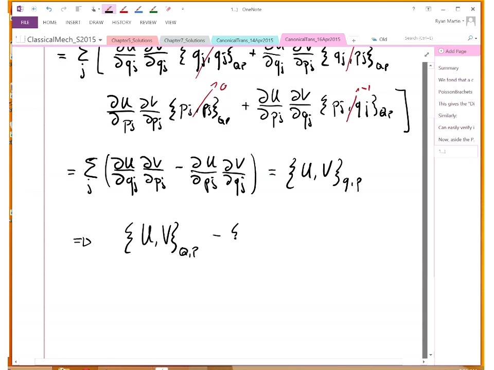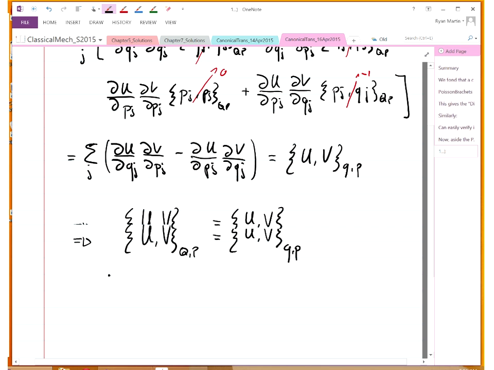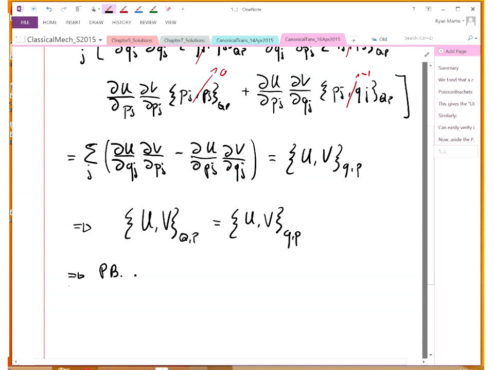And so what we find is that the Poisson bracket of u and v evaluated in the canonical coordinates capital Q and capital P is the same as when it's evaluated in the lowercase q and p. So what we say is that Poisson brackets are canonical invariants.